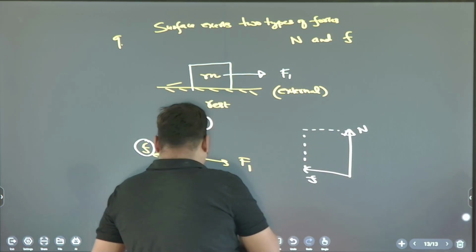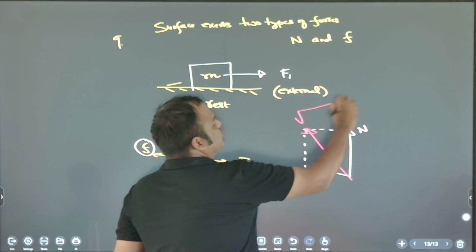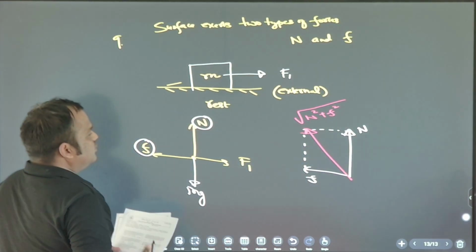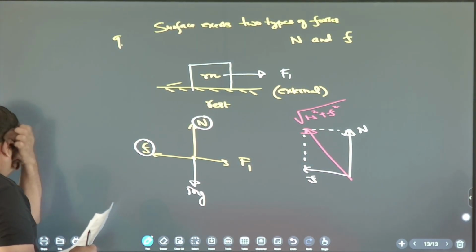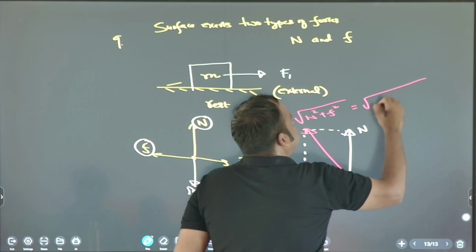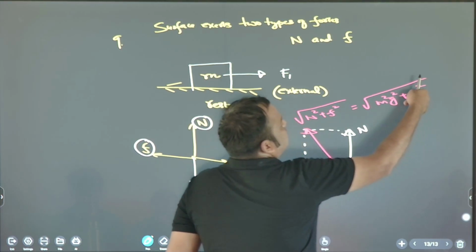So what is the resultant now? Resultant of these two. Square root of n square plus f square. Now n square can be written as m square g square, and this is friction f square.